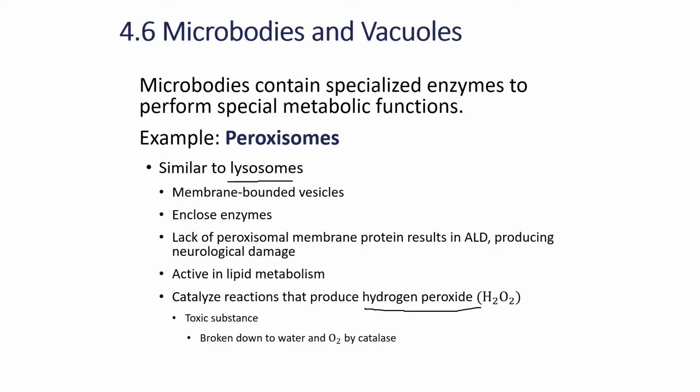It's involved in detoxifying. It's also involved in allowing us to break down lipids for energy. So your peroxisomes are why you can use fat for energy. So they are pretty cool.